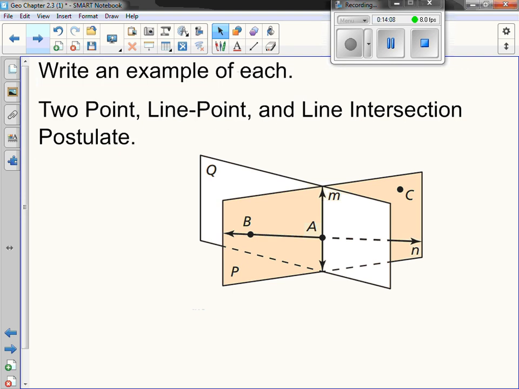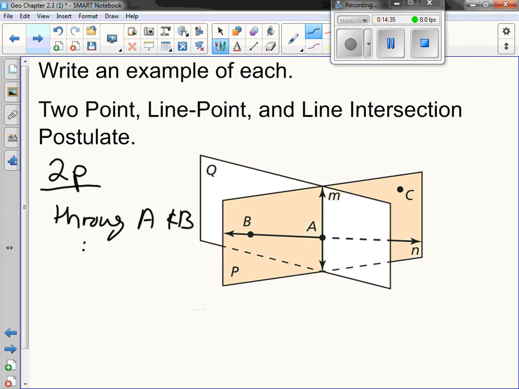So we have here 2 point, line intersection. Let's start off with 2 point. 2 point postulate stated what? Through points A and B exists line AB.